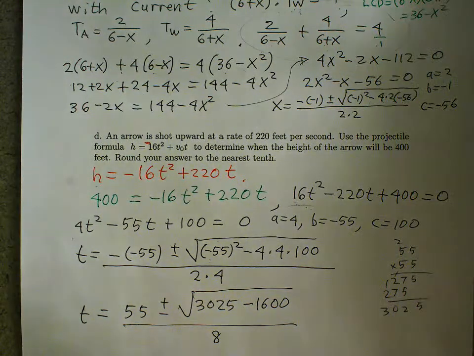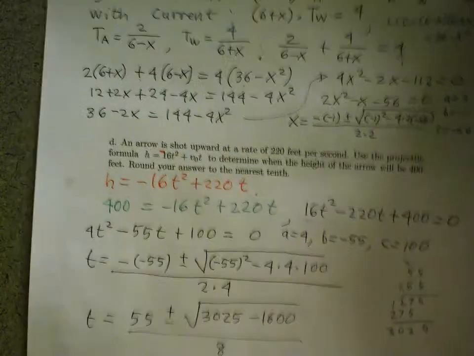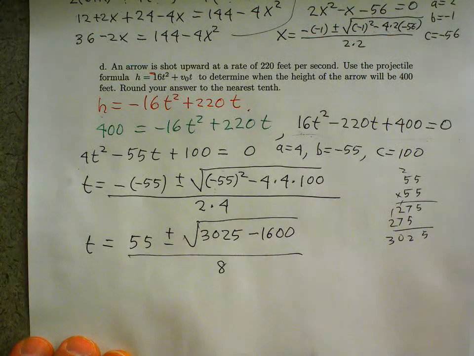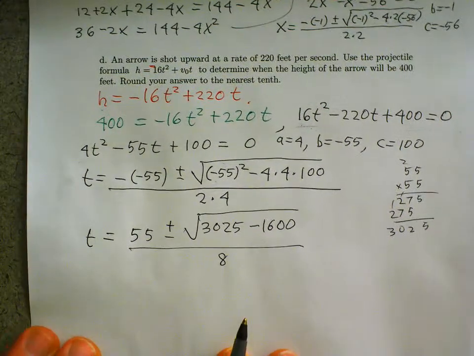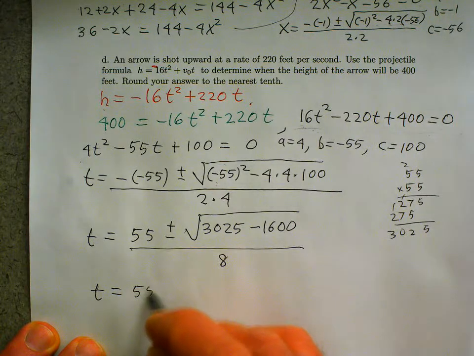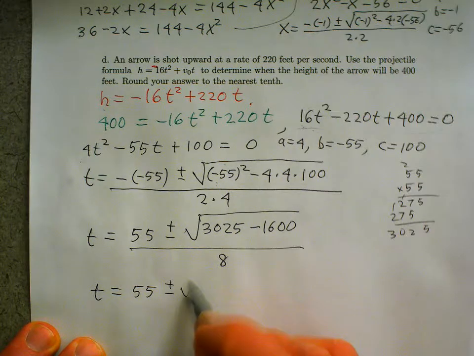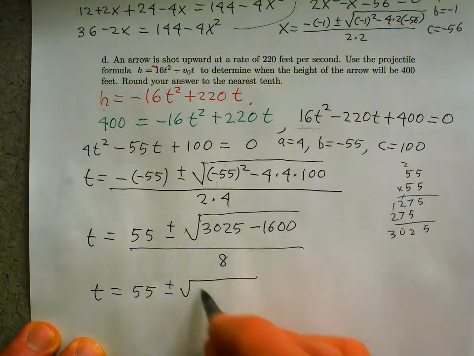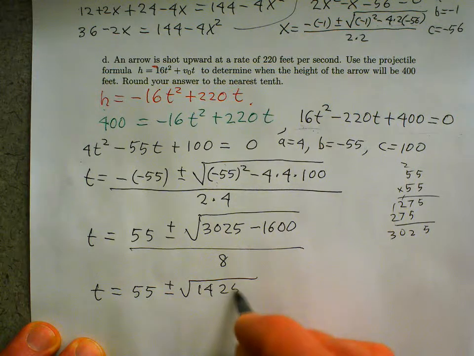So I'll just take this one step further and point out a couple of things. So t equals 55 plus and minus the square root of 1425, all divided by 8.